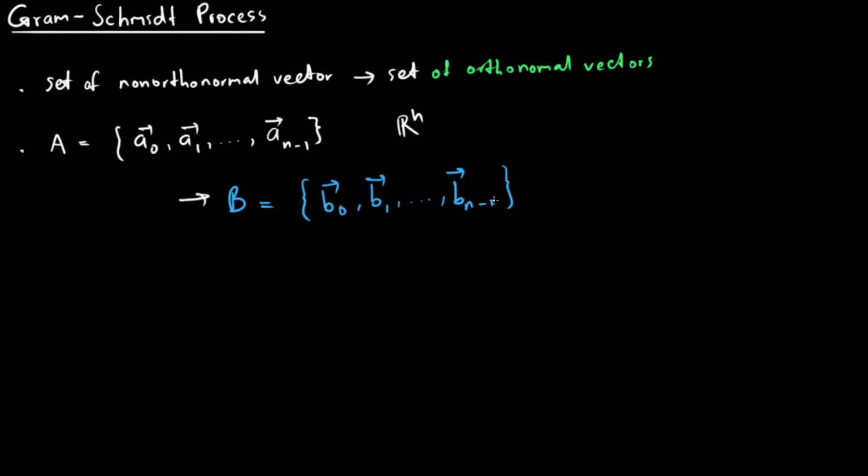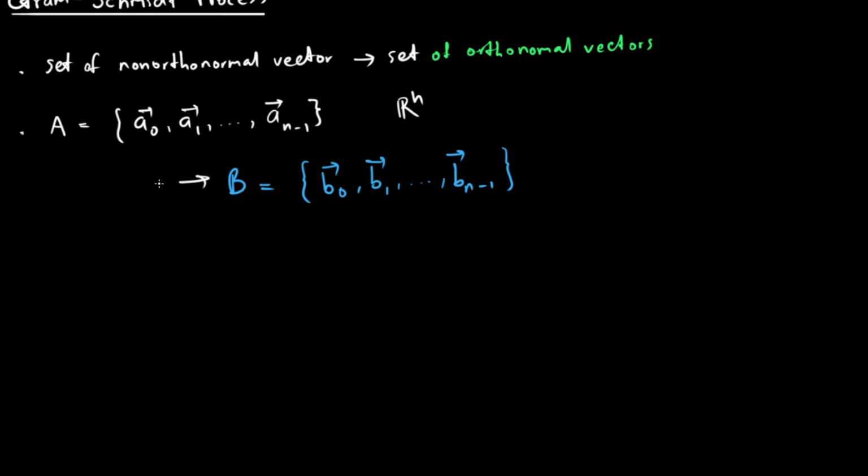They should be perpendicular to each other and the length should be 1, but they should have a direction similar to the vectors in set A. That means B0 is similar to A0, B1 similar to A1, but B1 and B0 are perpendicular to each other. A0 and A1 might not be perpendicular to each other.